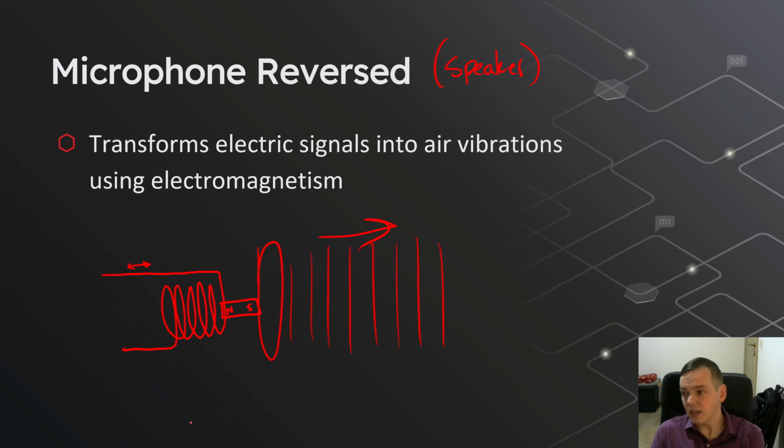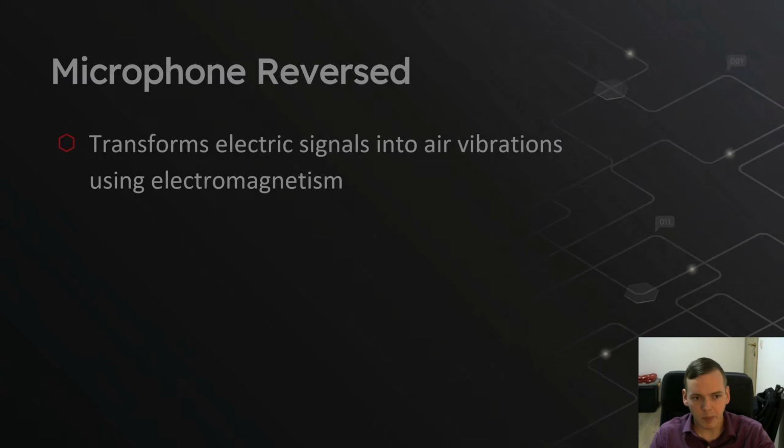And so that's the idea behind any speaker that we've got. It's just the exact opposite of a microphone. And I know from talking with most of you that you pretty much all get how microphones work. So just imagine flipping everything around and you've got a speaker.